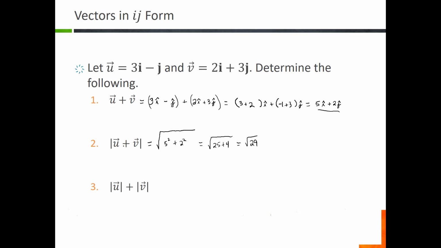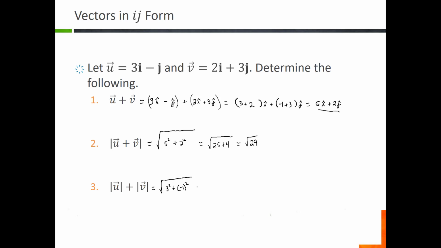So again, notice the difference between number 2 and number 3. In number 2, the addition of the vectors is inside the magnitude, so we had to do the addition first. Where in number 3, the addition is outside the magnitude, so we want to do the magnitudes first. So what is the magnitude of u? Again, we're going to do a squared plus b squared and the square root of that. So we're going to have the square root of 3 squared plus negative 1 squared.